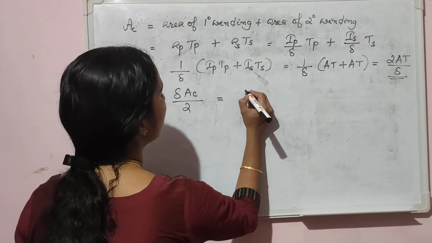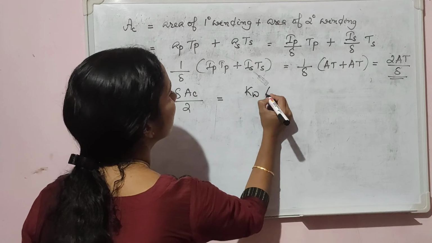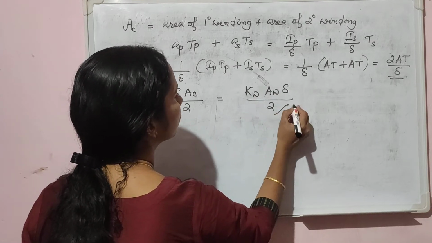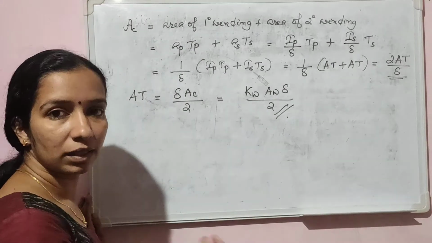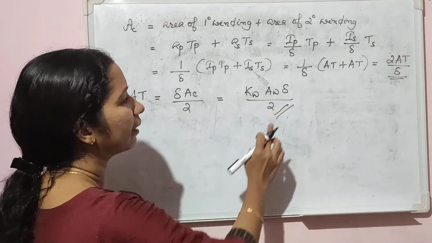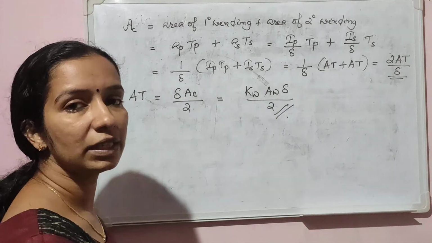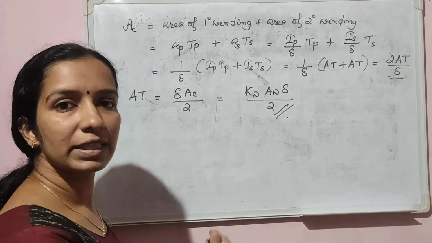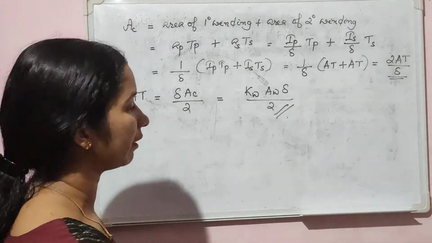So AT will be equal to kW AW delta divided by 2. So we need this in the coming part of the equation. AT is equal to kW AW into delta divided by 2. Okay. So now let us write the expression for output kVA.